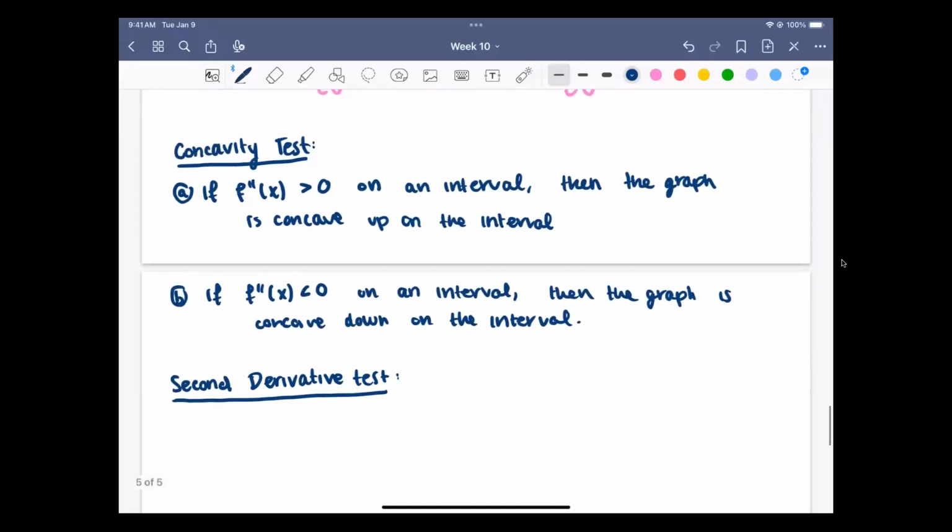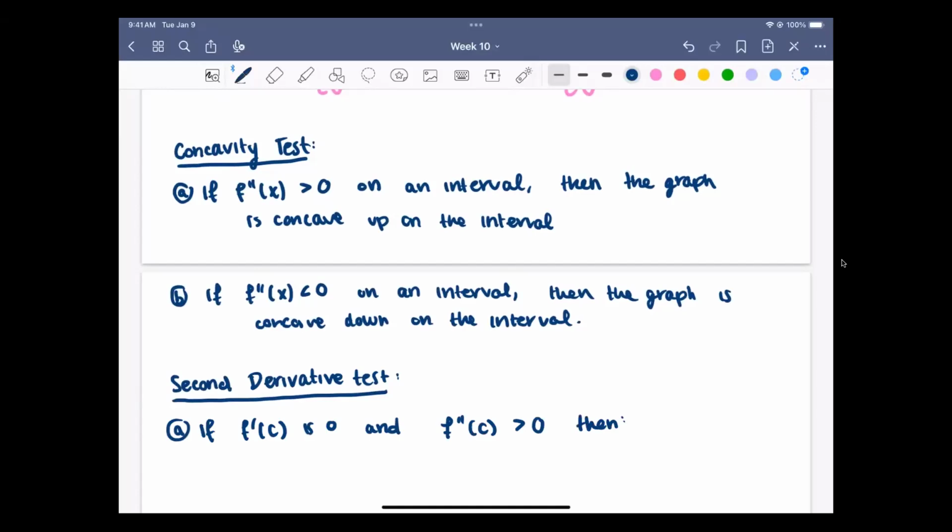So this says there's two parts. If f prime of c is 0, so you have a critical point at c, and f double prime of c is positive, then, so what is the situation?